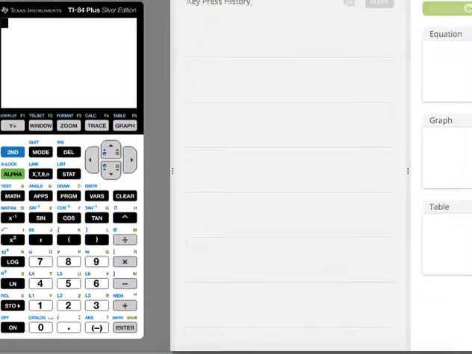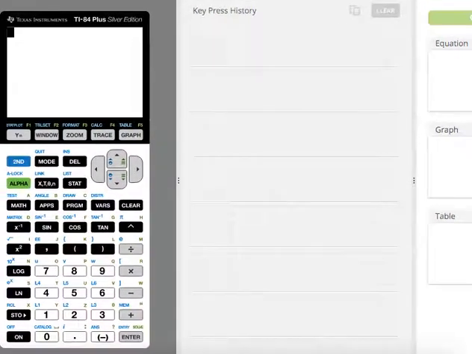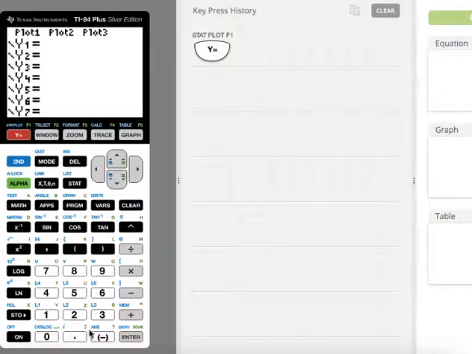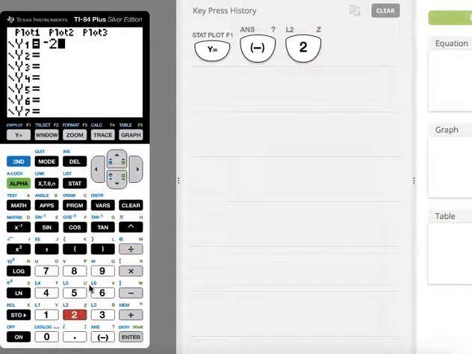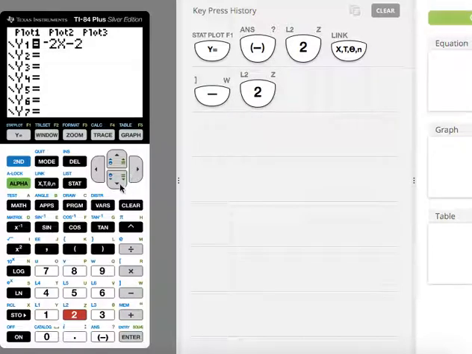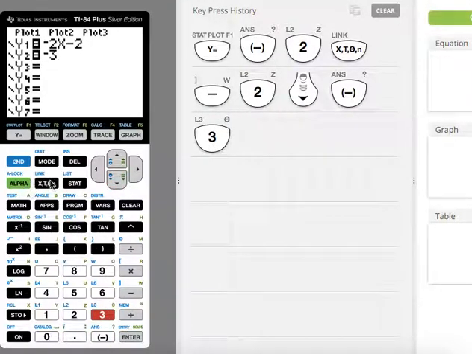There we go. All right, so when we do this, we're going to go to my y equals button and put in both of these equations using the negative sign here to put in my negative 2x minus 2. And then for my second equation, I'm going to have negative 3x minus 5.